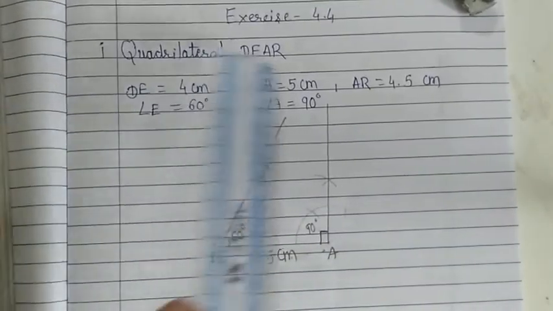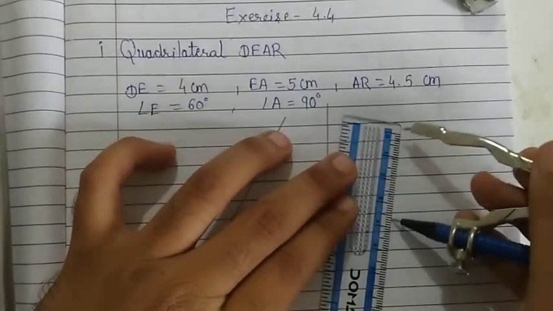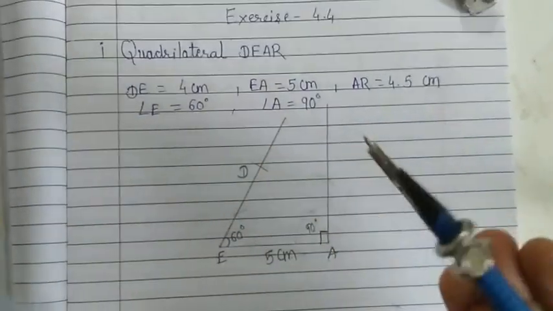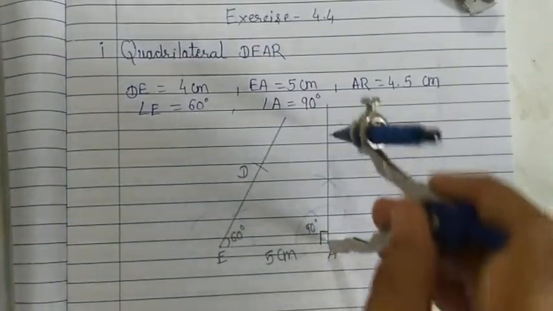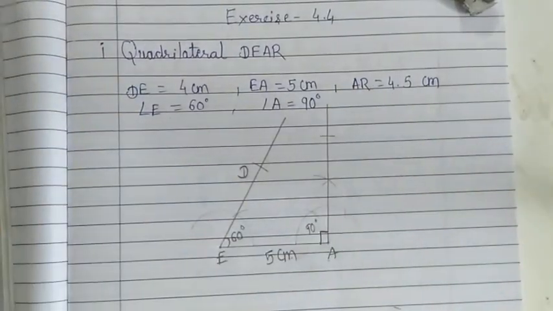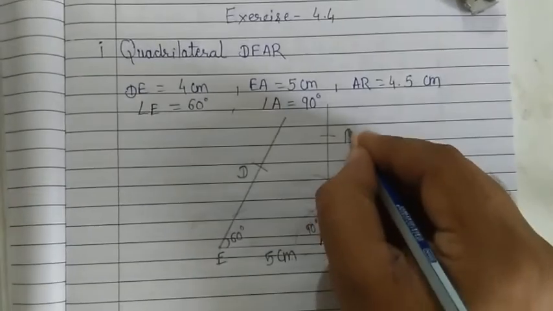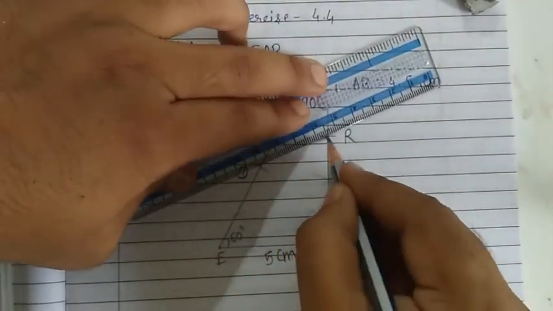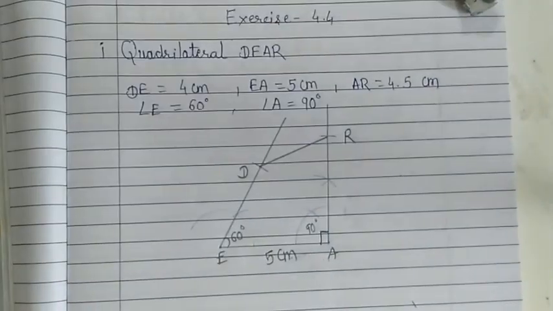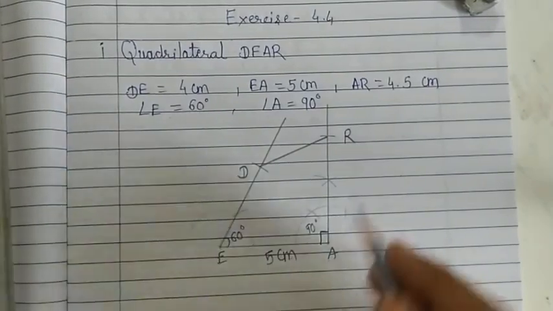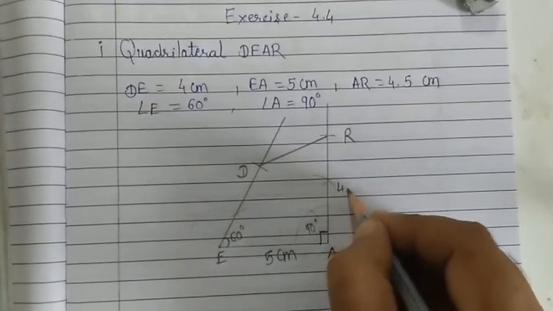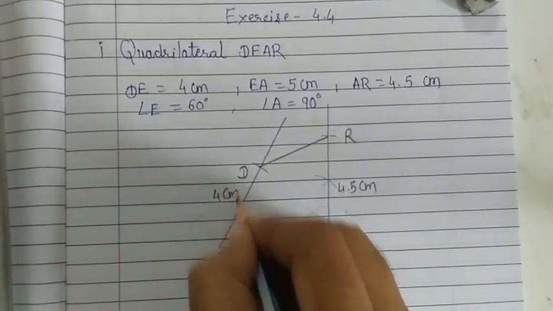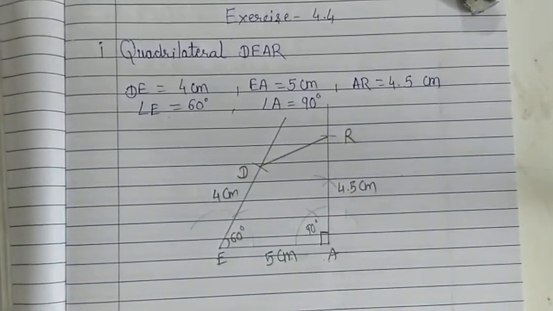So take your compass, measure 4.5 cm, and draw the arc. So here we got our point R. Now simply connect D and R. So our quadrilateral DEAR is ready. Here we write down 4.5 cm and 4 cm. Our quadrilateral is ready now.